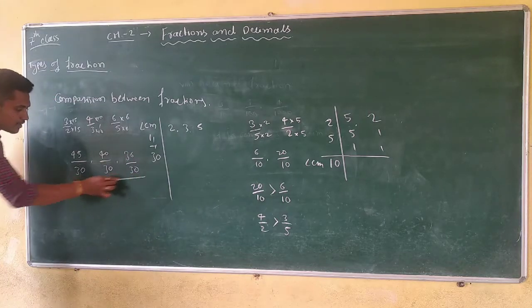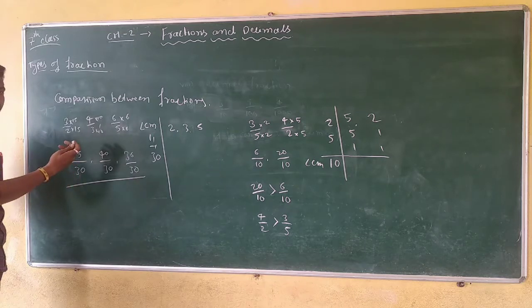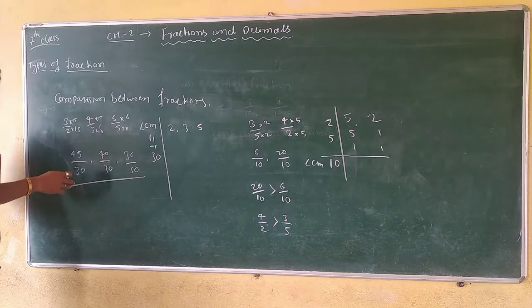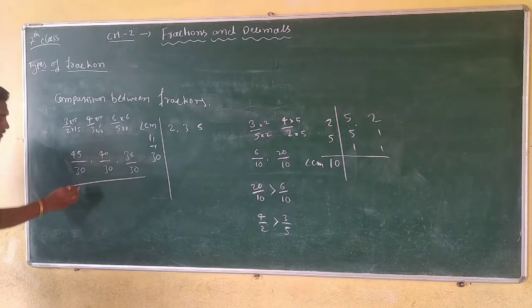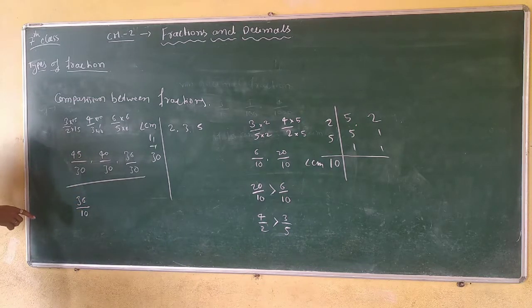Now the denominators are equal to each other, right? Now you can easily find which one is greater and which one is smaller. Right here, 36 divided by 10 is smaller.